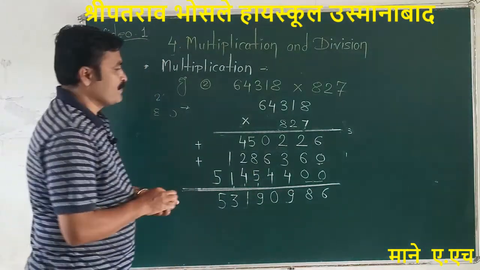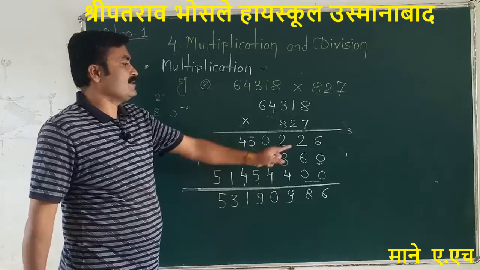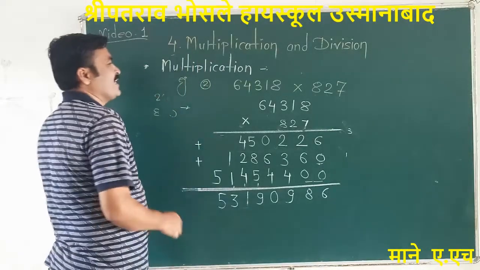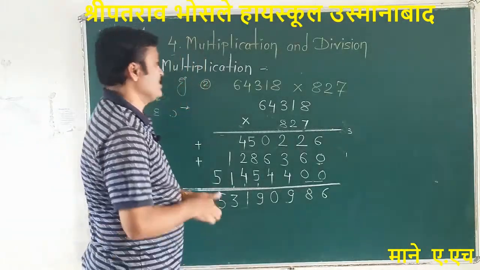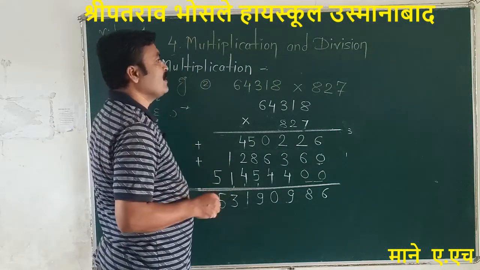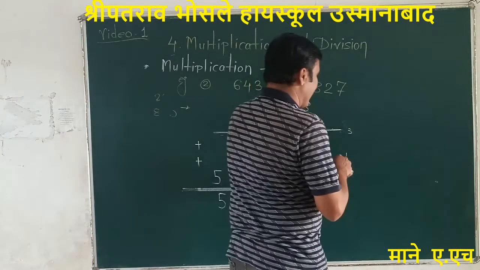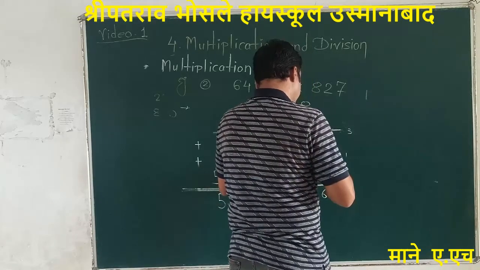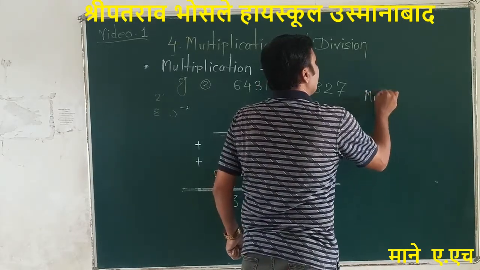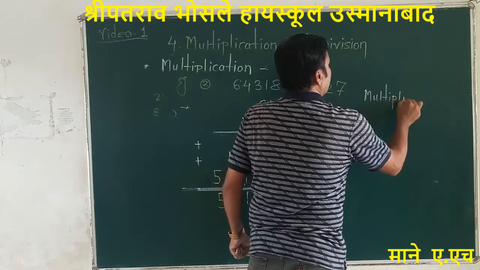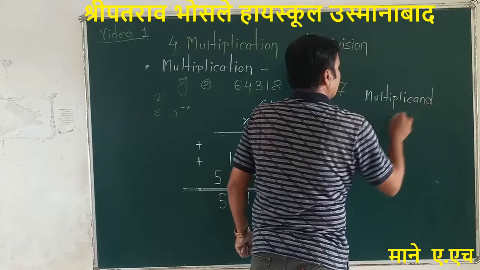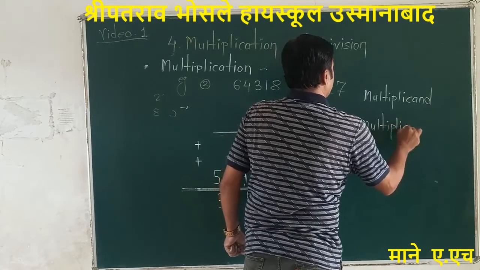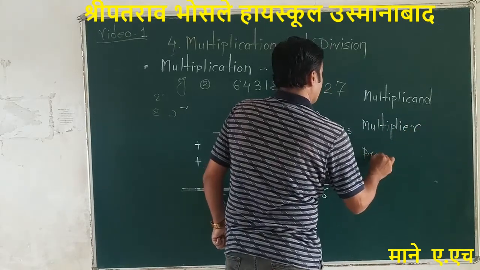After observing the basic reason behind taking these zeros in the multiplication process, now I want to explain the basic 3 concepts used in this multiplication process, which I am writing at the right side of this example: multiplicand, multiplier, and product.